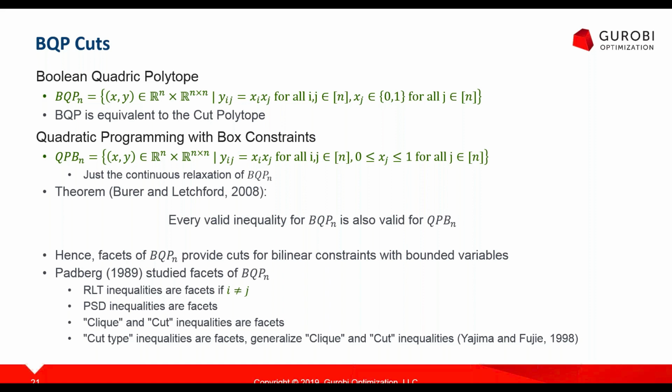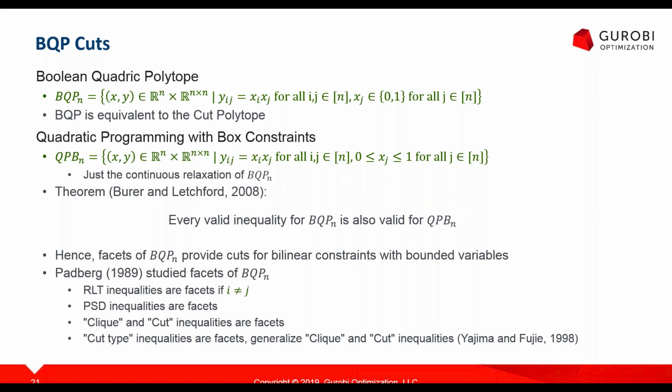The Boolean quadratic polytope of dimension n is defined in a space of variables x, y, with x being n-dimensional and y being n² dimensional. And the Boolean quadratic polytope are those vectors for which each yij is equal to xi times xj for all of the ij's, and the xj's are binary.